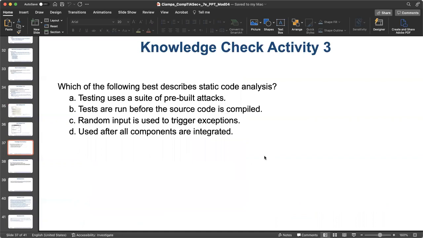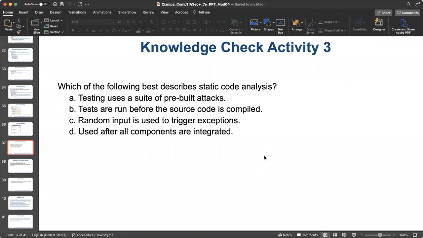So let's do a knowledge check. Help me with this. Which of the following best describes a static code analysis? Remember, you don't want to have a running code at this point.